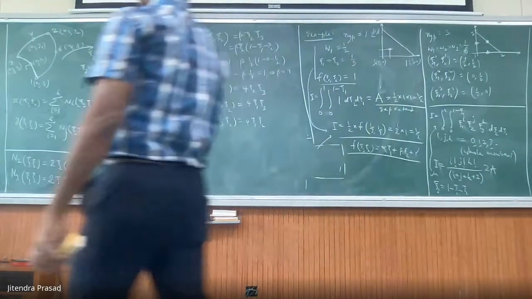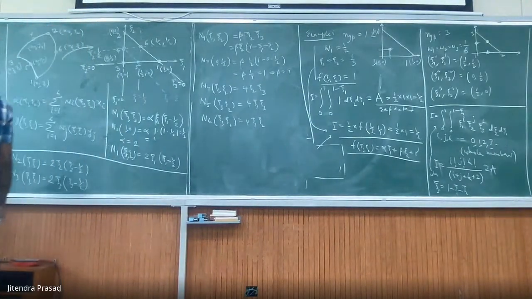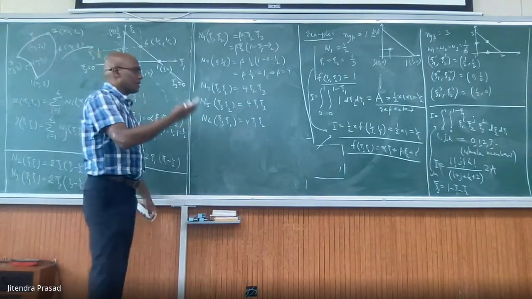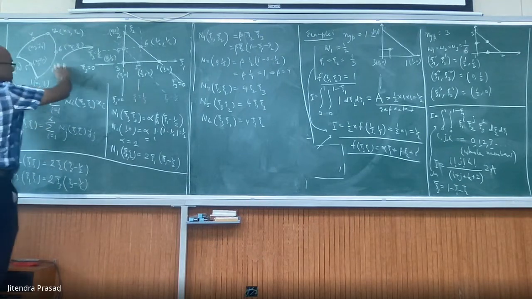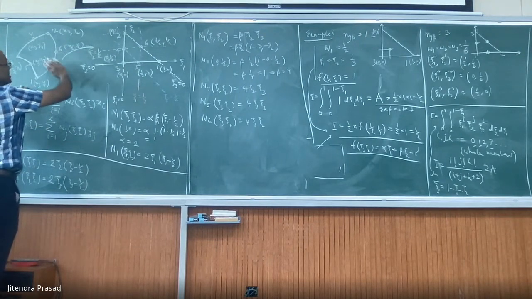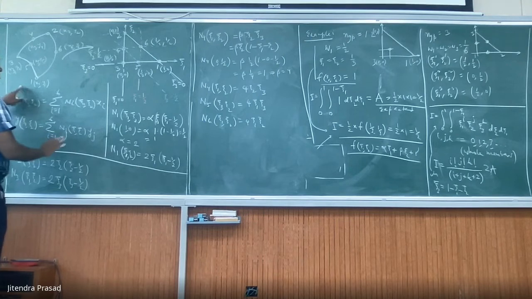There are 3 of them. So accordingly, you have to find out the transformation taking place from here to here. So the B matrix you can find out.